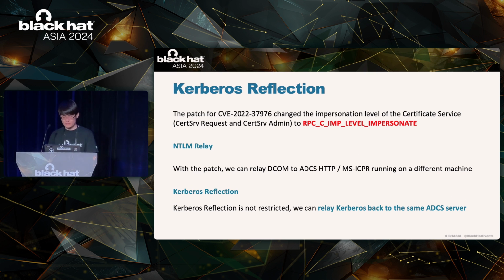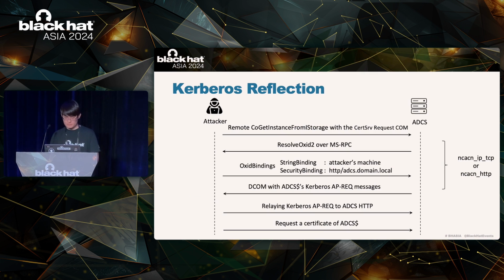With this patch, we can relay DCOM to ADCS HTTP or MS-RPRN running on a different machine. But for Kerberos relay, there are no restrictions on Kerberos authenticating to the same machine, so we can perform Kerberos reflection, relaying Kerberos authentication back to the same ADCS server. Here's how the attack works.